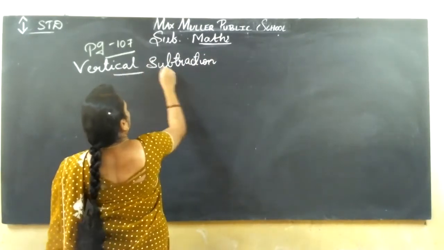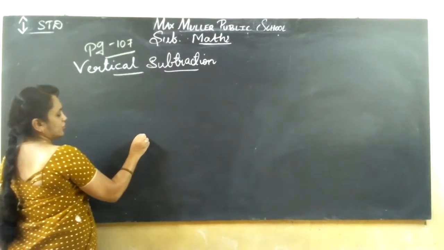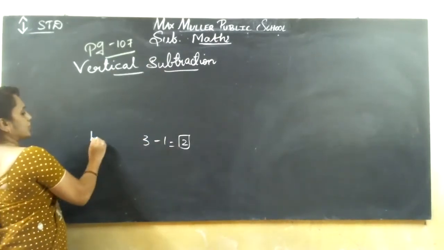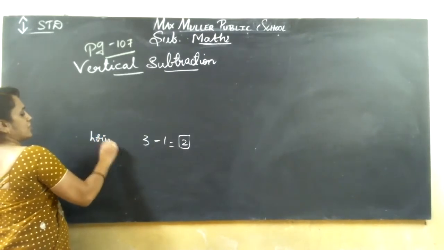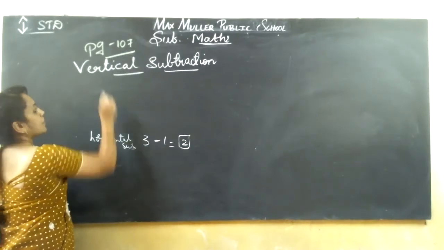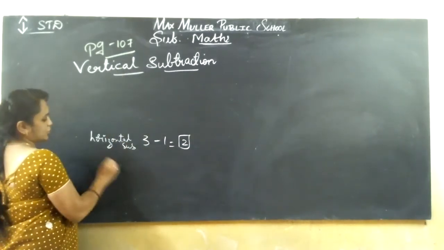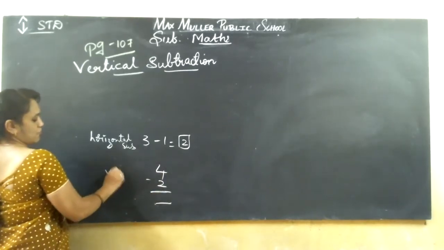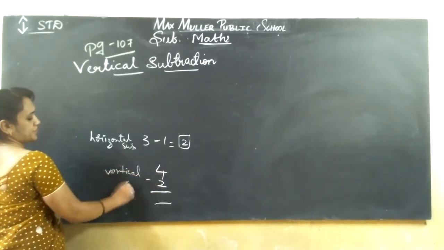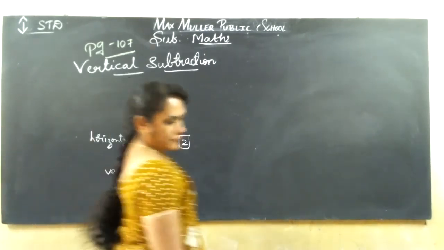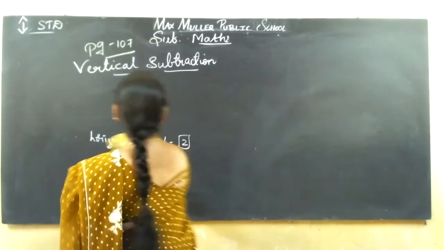What you did now like this is horizontal subtraction. Now we'll do the vertical. Vertical subtraction means like this. 4 minus 2. This is vertical subtraction. Understand? That is the difference between those two.